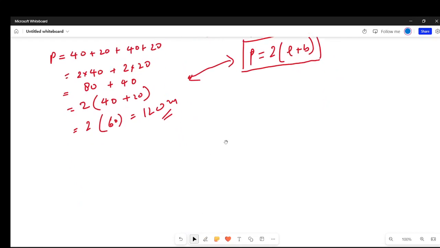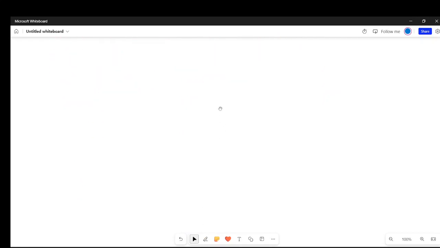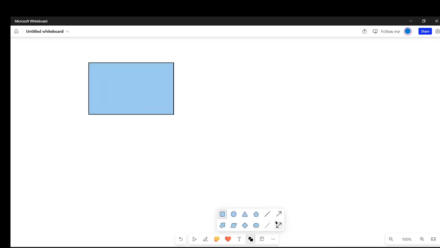Suppose we draw a new figure such that this figure. Clear? Now, what is the length of this? This is 15 centimeter. Clear?